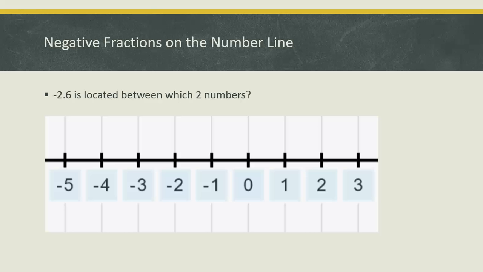Start by thinking about which two numbers it is between. You might relate this to the positive numbers to get an idea. -2.6 is going to be between -2 and -3, just as +2 and +3 would be on both ends of +2.6.